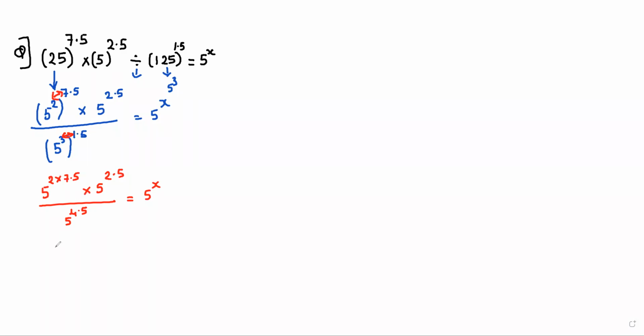So now the term becomes 5 to the power of 15 into 5 to the power of 2.5 whole divided by 5 to the power of 4.5 is equal to 5 to the power of x. Now I know the property a to the power of m into a to the power of n is equal to a to the power of m plus n. Using that property, I'm going to add 15 plus 2.5.